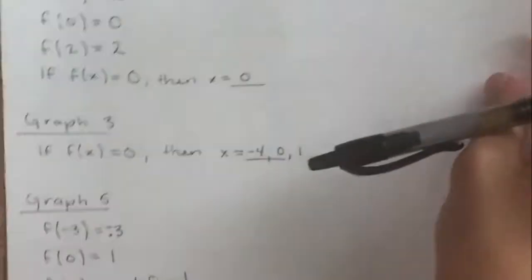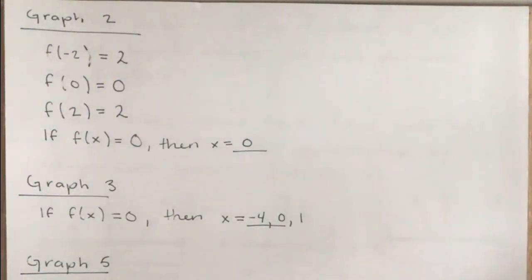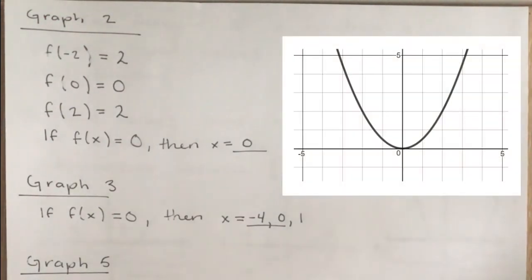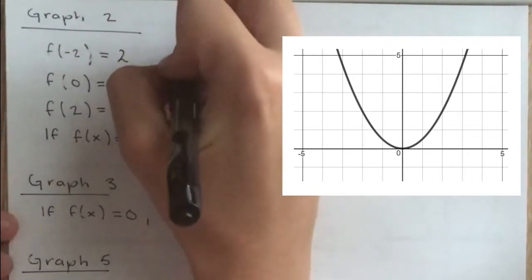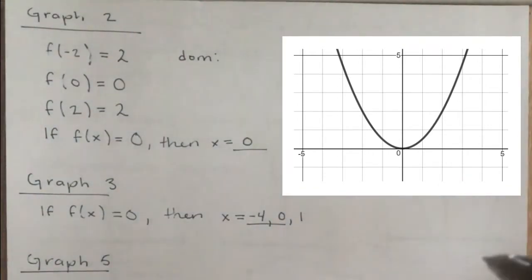Okay, let's go back to these examples from before. Again, these are in the lab manual. This is the Interpreting Graphs 1 lesson. So if I look at graph 2, what is my domain here? Just for the sake of this lesson, we're going to assume that there are arrows at the top.